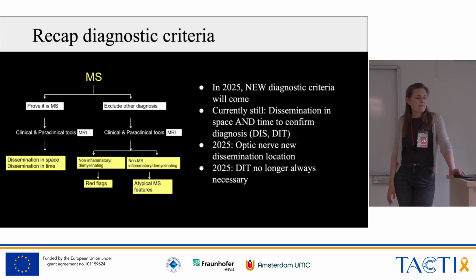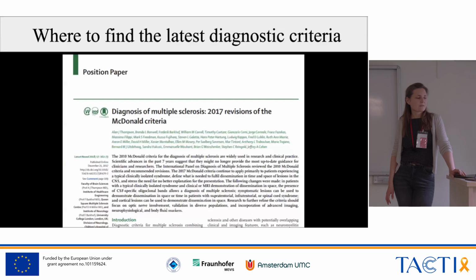And also, from now on, dissemination in time is no longer always necessary. In some cases, you can say that dissemination in space is sufficient. Until now, this older paper from 2017 is still valid, and will be replaced this summer by the follow-up paper coming up.